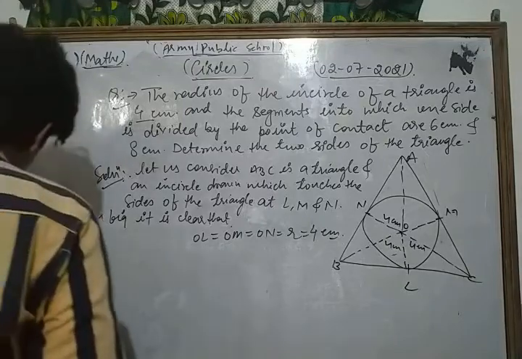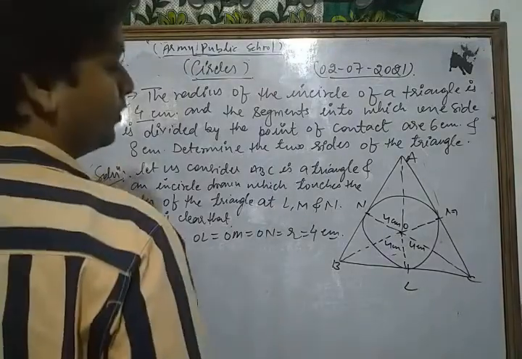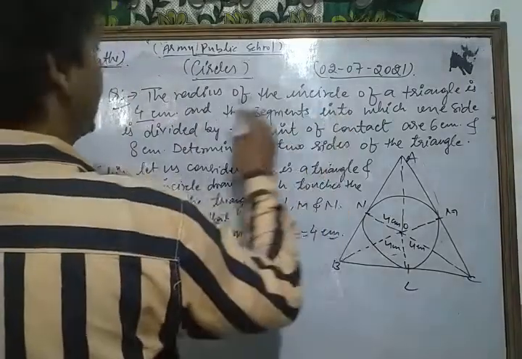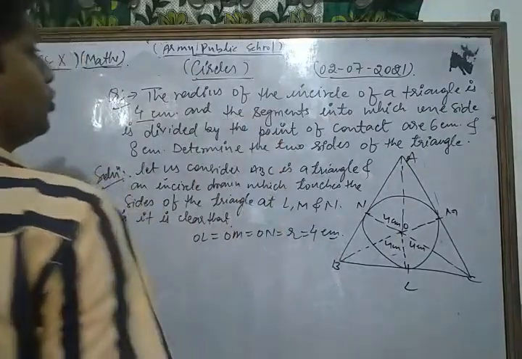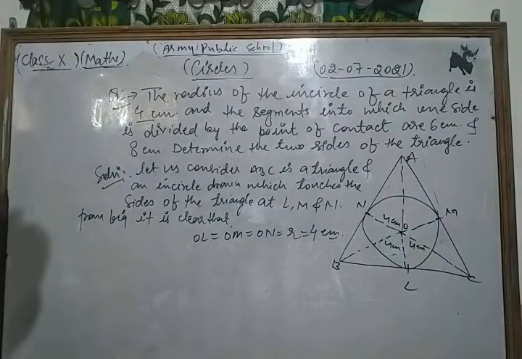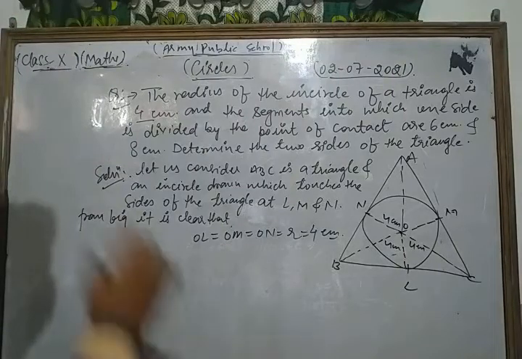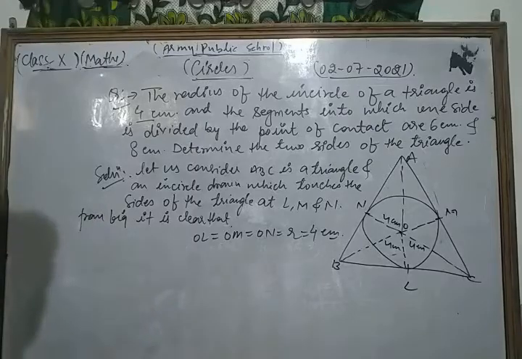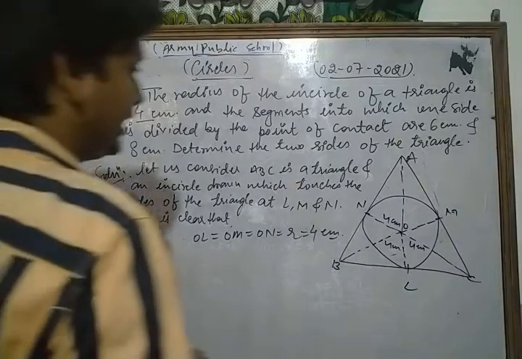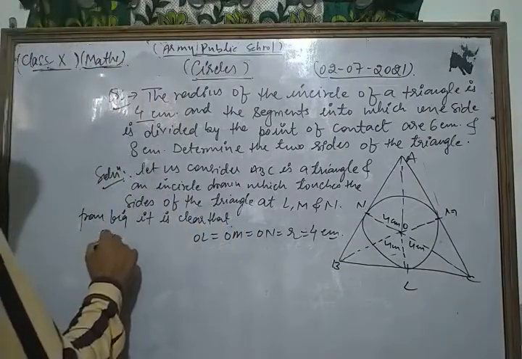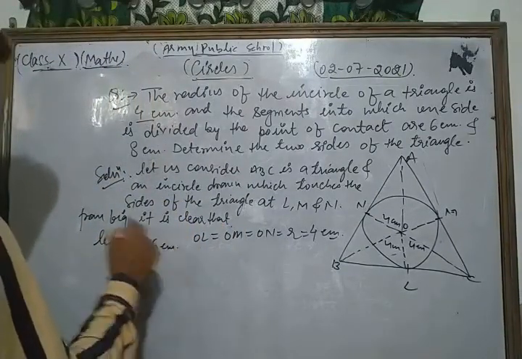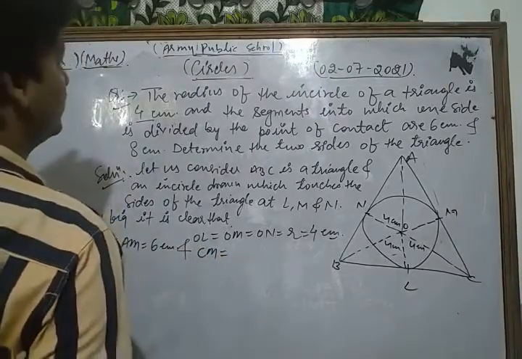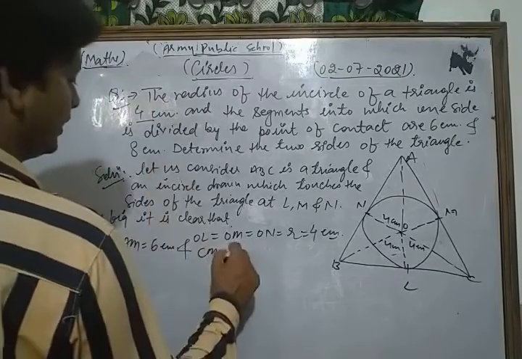Now according to the question, the radius of the incircle of a triangle is 4 centimeter and the segments into which one side is divided by the point of contact are 6 centimeter and 8 centimeter. Let AM be 6 centimeter and CM be 8 centimeter respectively.